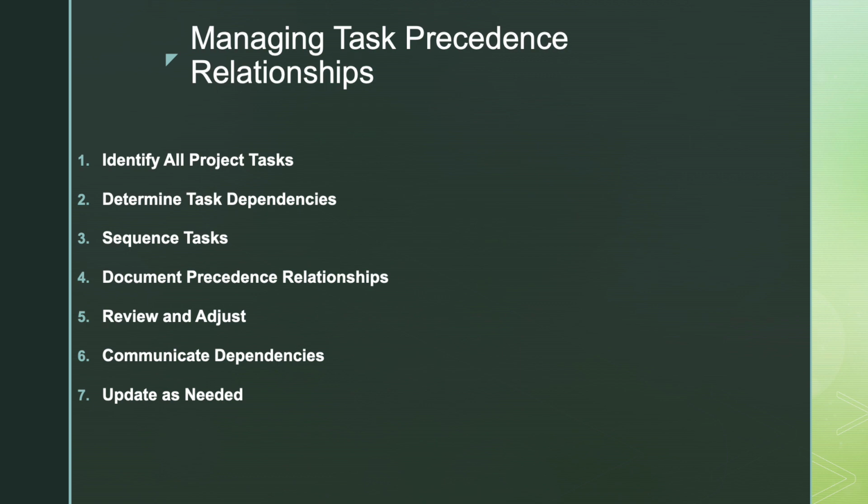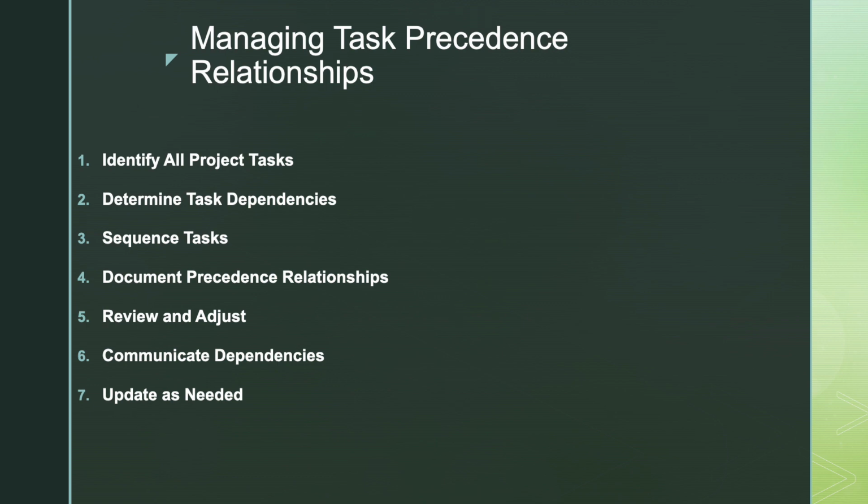Be prepared to resequence tasks to keep the project on schedule. You need to communicate any changes. You keep the project team informed of any changes to task sequence and dependencies. Ensure the team members are aware of how their tasks are affected and what adjustments need to be made.